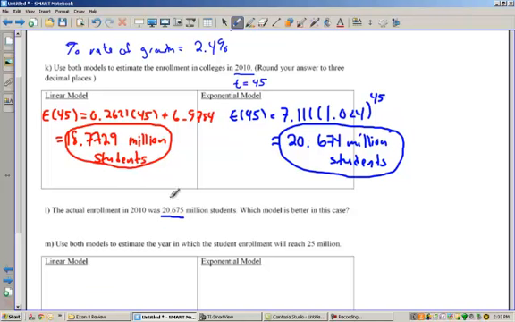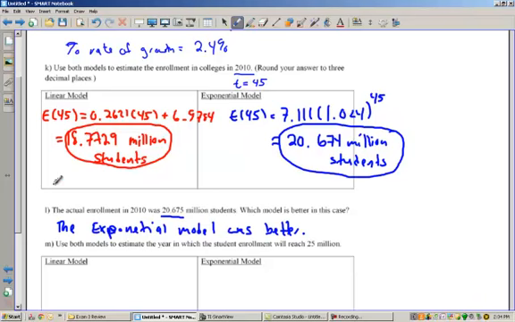Obviously the blue, and so we conclude the exponential model was better. I guess we should write D here. So the exponential model was better.